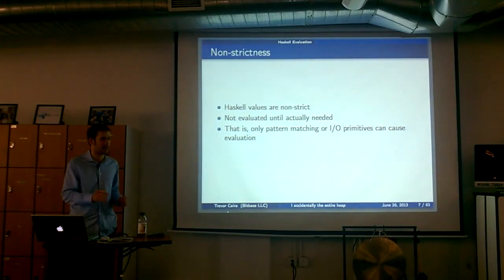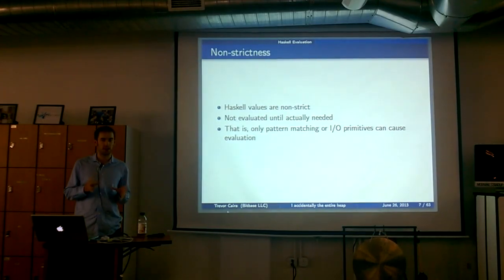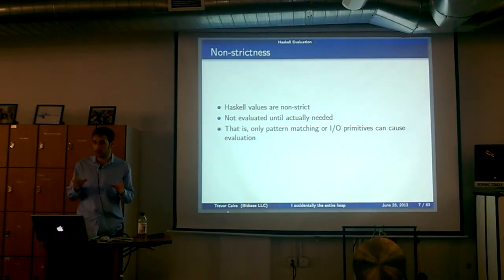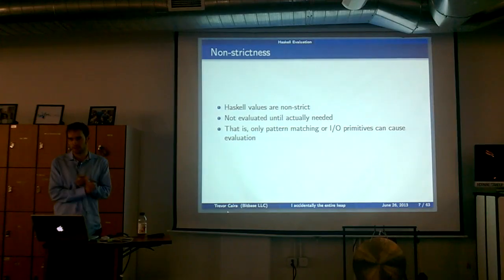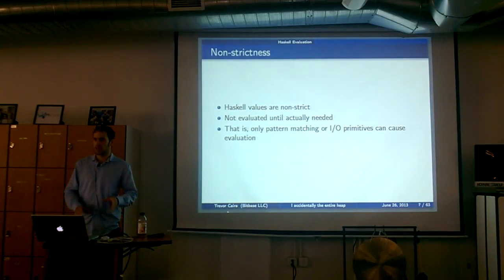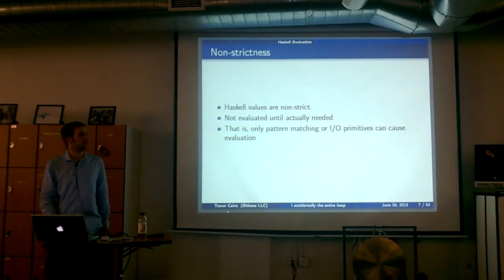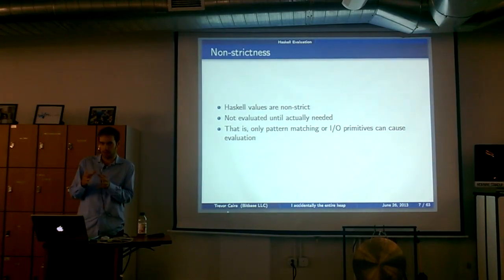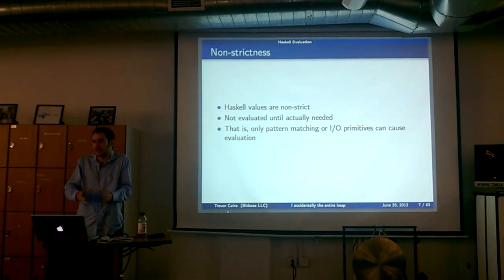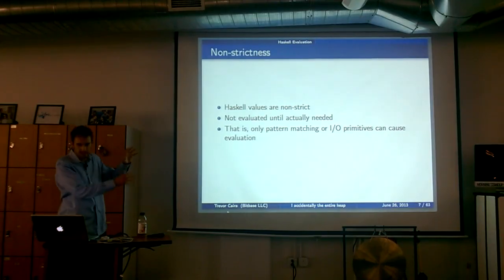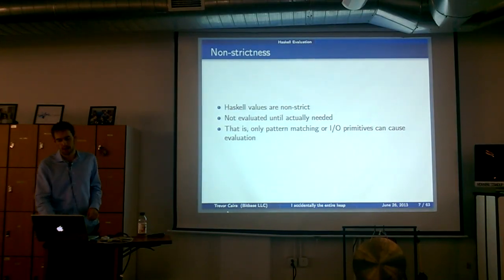Instead, the values themselves are not computed until they're actually needed, which means either it's forced by a particular I/O primitive, or the runtime needs to make a decision based on that value, meaning pattern matching, such as a case statement, or the equation syntax, or an if statement, which in the internal language of GHC, for example, all boil down to effectively a case statement. So looking at an expression and saying which one of these is it, that's when the evaluation happens.